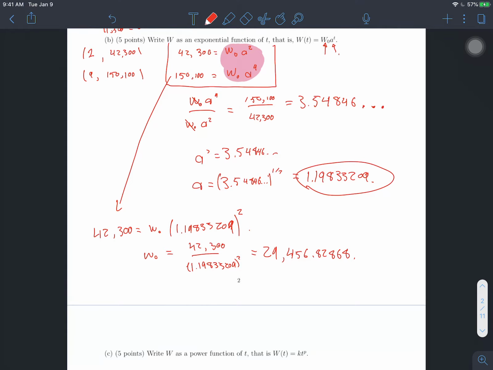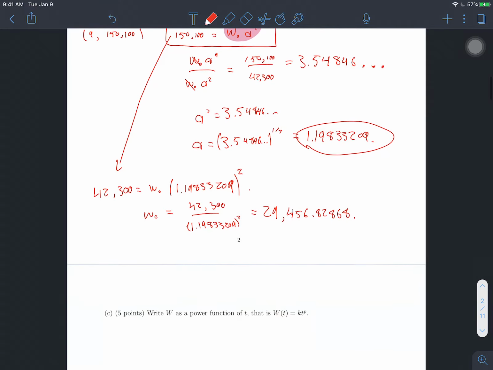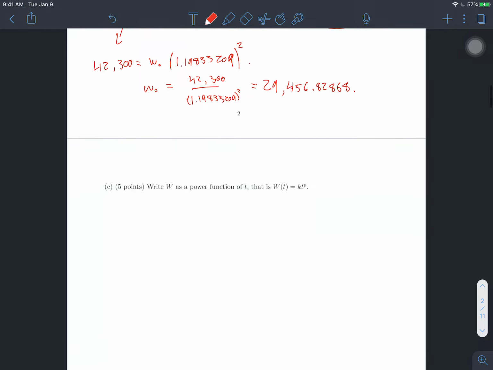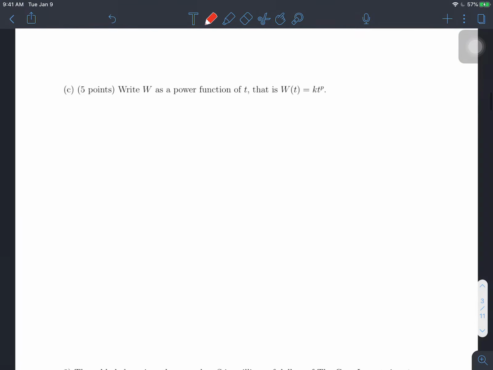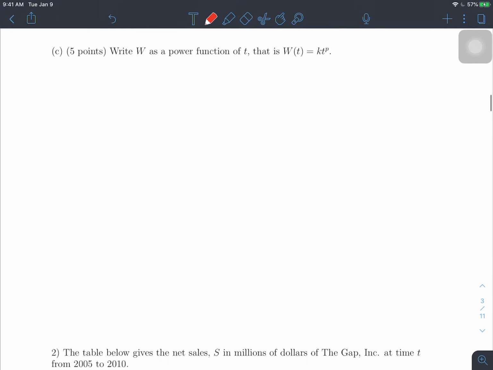So let's see here. Next up, we want to write W as a power function of T. So we didn't actually do any problems like this in our class, but I like it. It's a good problem, and it's worth learning how to do.